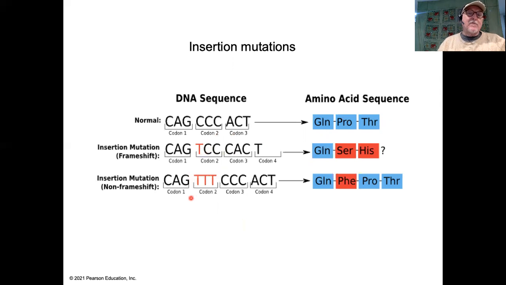Notice though what happens if we insert 3. If we insert an entire triplet in the original DNA sequence, we will insert an entirely new codon. Here it is here, phenylalanine. Now have a look and you'll see, here's our original ding, ding, ding. Here it is here, ding, ding, ding.